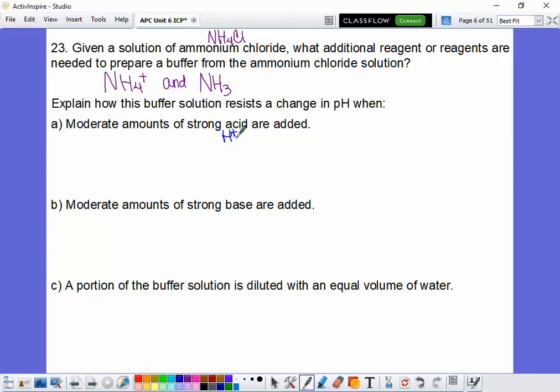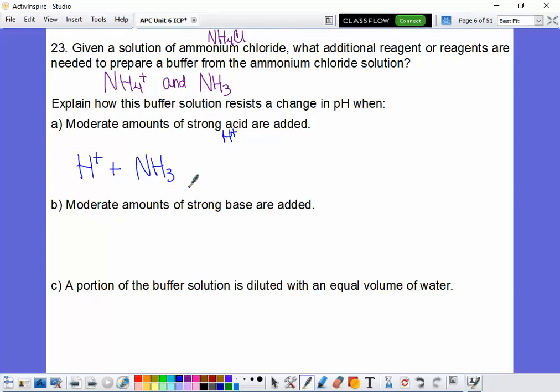Okay. So the H plus is invading this buffer. Which of the substances do you think is designed to react with acid? The NH3, because we want to neutralize it. So the NH3 is going to step forward and react with the invading H+.